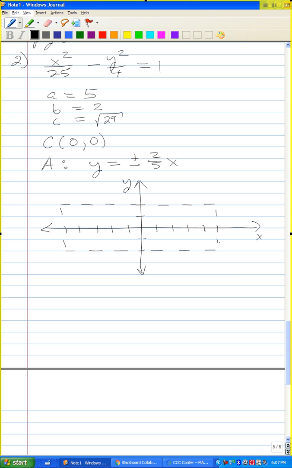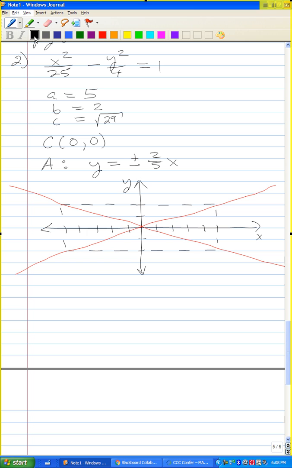Now let's draw the diagonals, which will turn out to be the asymptotes. It's not very straight, but as good as I can get it. So I've drawn the bounding rectangle here. The diagonals of my bounding rectangle are my asymptotes with these equations.